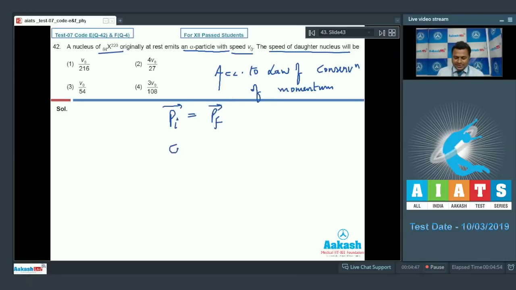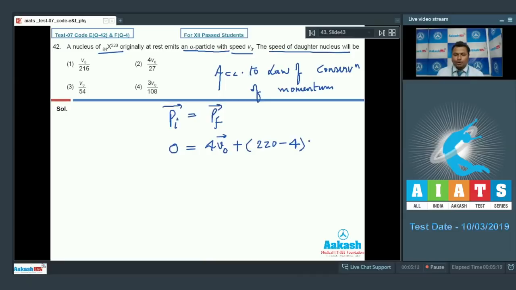Initially it was kept at rest, so momentum will be 0, and alpha particle has mass number 4. So mass of alpha particle 4, speed of alpha particle V0. Let's write it in the vector form, plus mass of rest of the particle will be total, that is 220 minus 4.